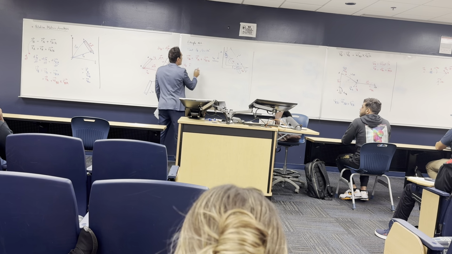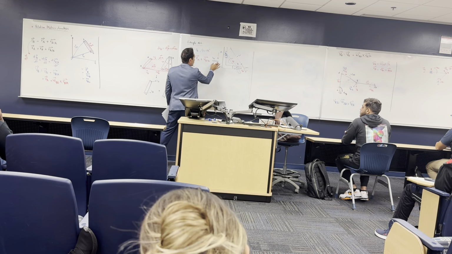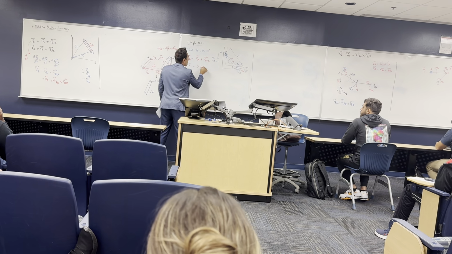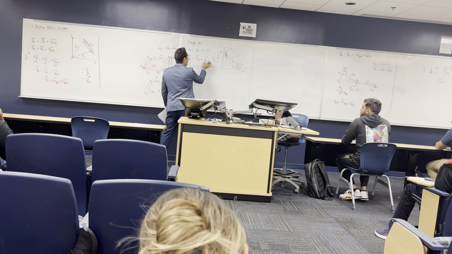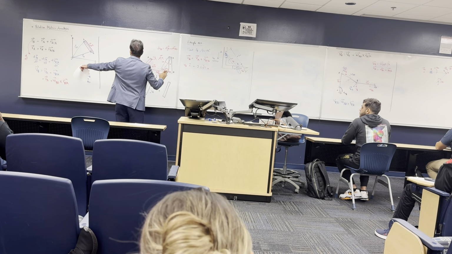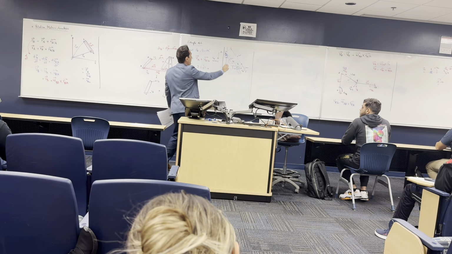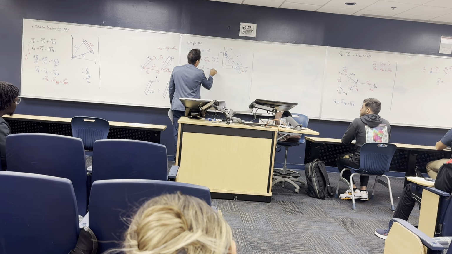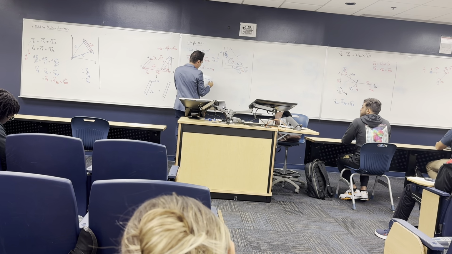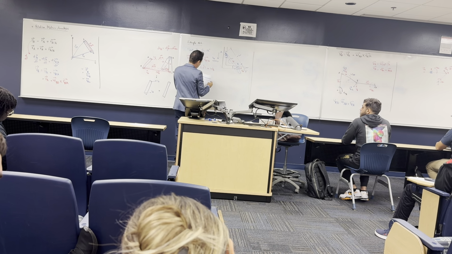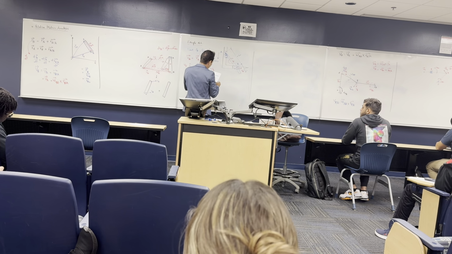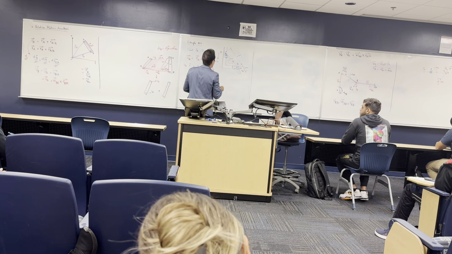VA is 2 meters per second in the negative J hat direction. How about VBA? We discussed this: it's equal to omega AB crossed with the arm.